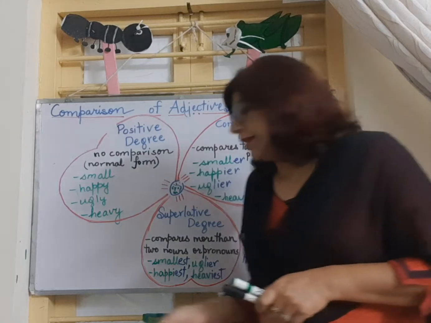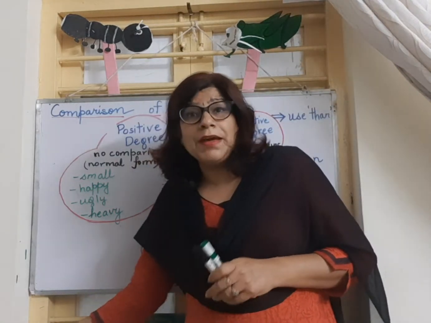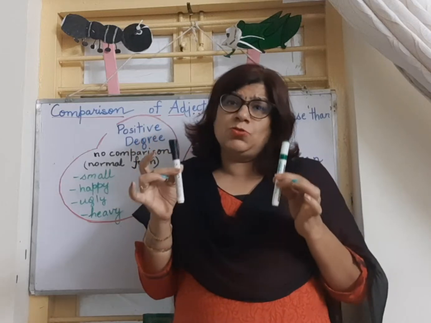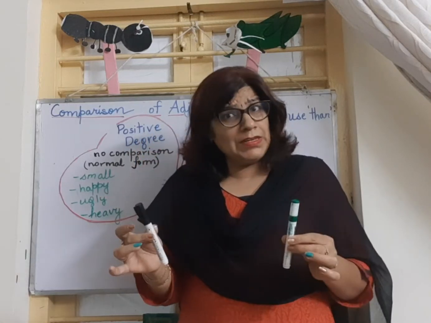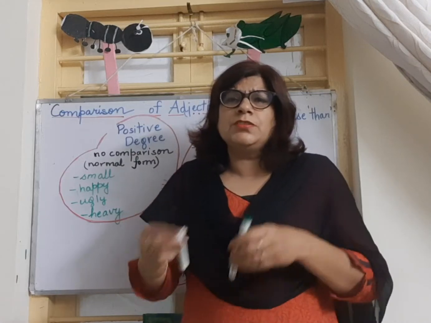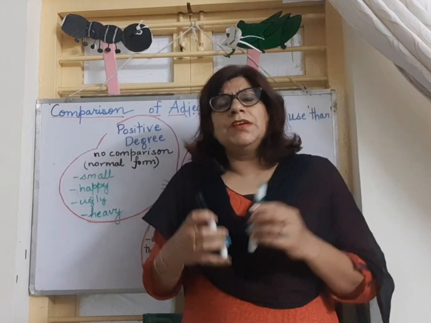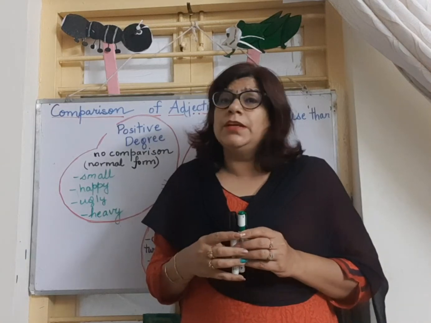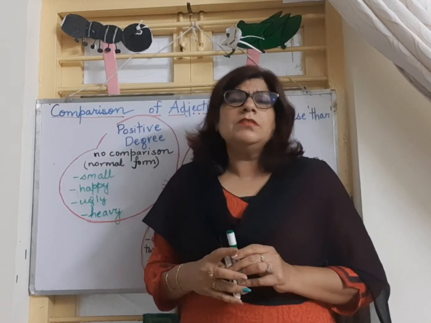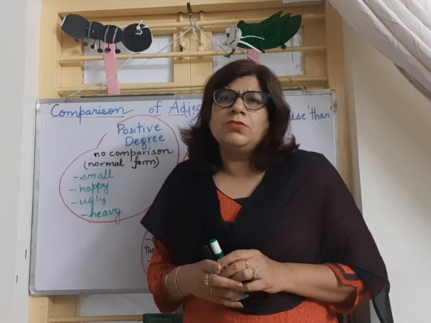And not to forget that in comparative degree, we are comparing two nouns or pronouns. So we are comparing two pens, two sofas, two tables, two chairs, two children, two teachers, not more than two. When it is more than two, we are using the superlative degree of adjective.